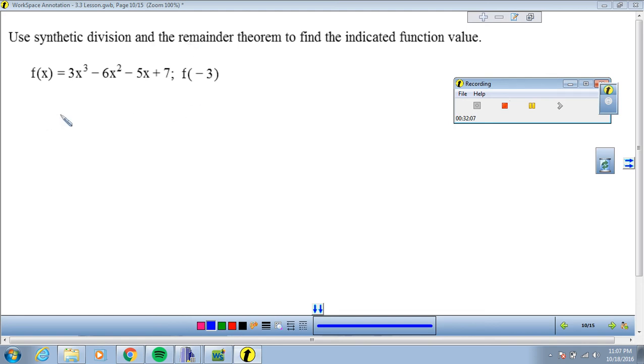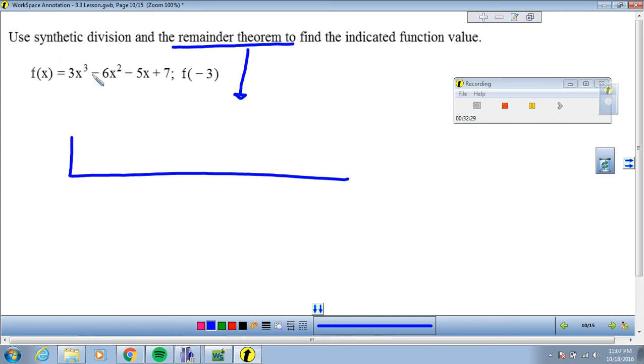Okay. So what's the actual remainder theorem? What we're going to do here deals with synthetic division. You're given this polynomial f of x, then there's a semicolon, and it says f of negative 3. So what you have to do is take the coefficients of this polynomial, making sure about the exponents, 3, 2, 1, 0, decreasing consecutively, which they are.